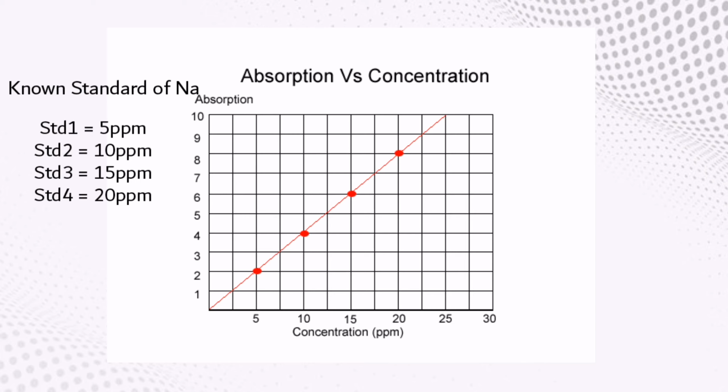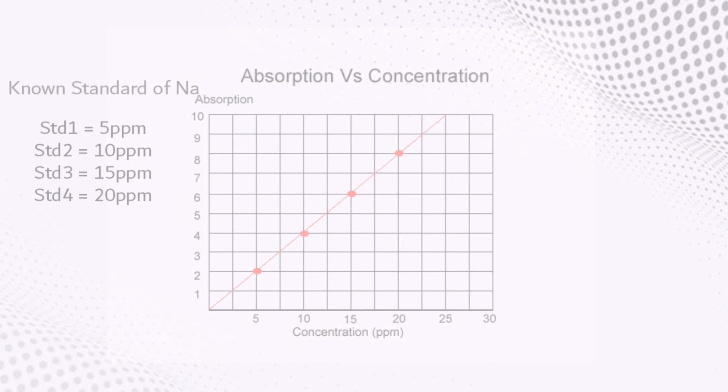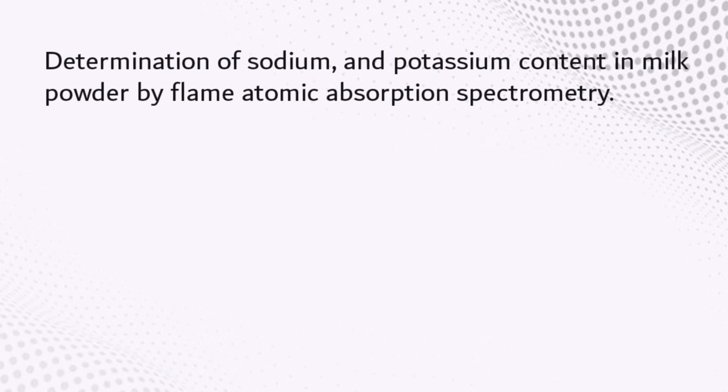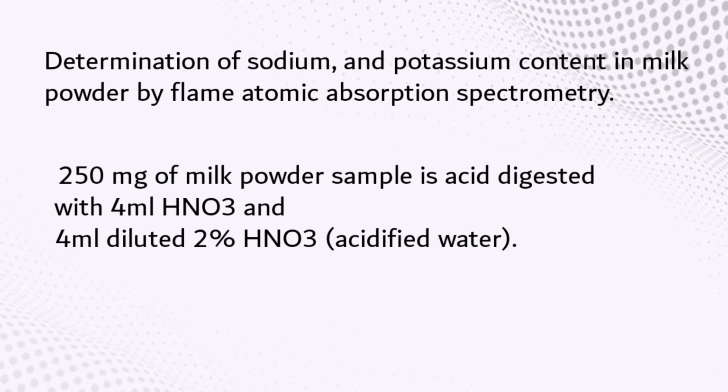Thus, after forming the calibration curve, an unknown sample is analyzed, say for example, an acid digested milk powder sample prepared by adding 250 mg of sample plus 4 ml HNO3 plus 4 ml diluted 2% HNO3, that is acidified water. We prepare a digested sample from this, and this is an unknown sample with unknown concentration of sodium.